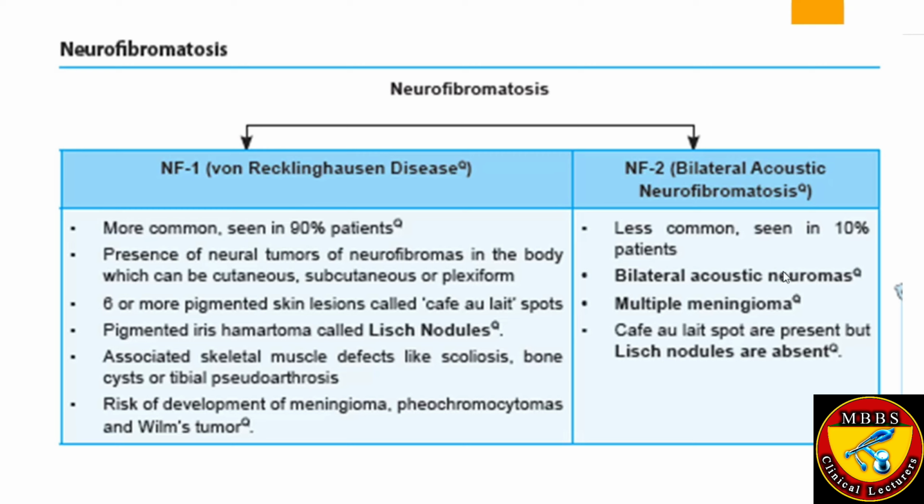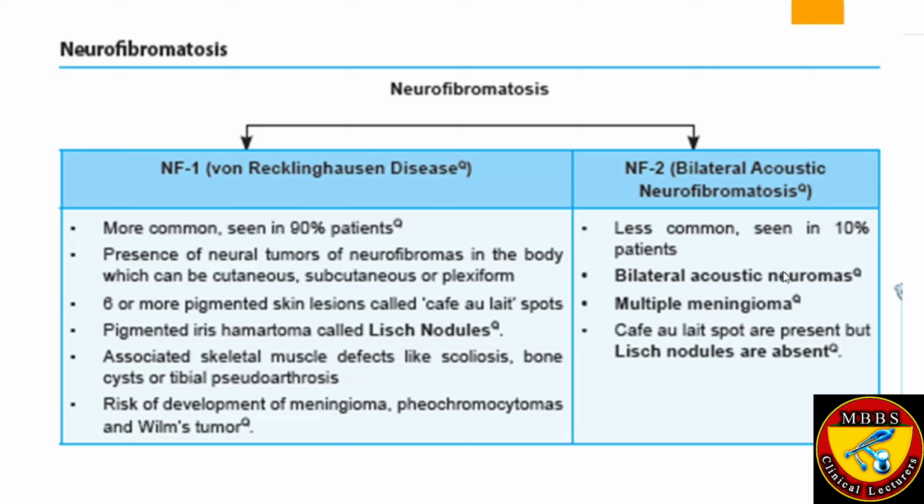There are neural tumors, neurofibromas, in the body, which can be cutaneous, subcutaneous or plexiform. Six or more pigmented skin lesions called café-au-lait spots are present on the skin. Pigmented iris hamartomas called Lisch nodules are also present. Associated skeletal defects like scoliosis, bone cysts or tibial pseudarthrosis usually occur, with risk of developing meningioma, pheochromocytoma and Wilms tumor.